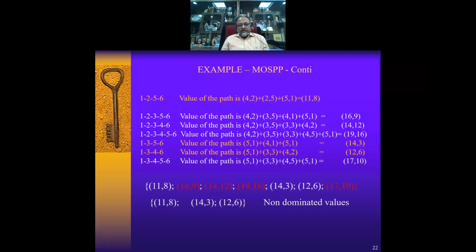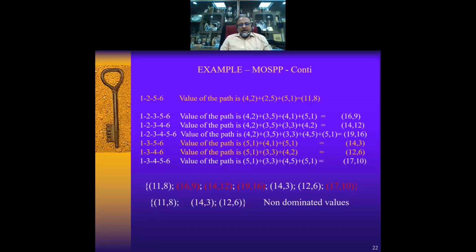Here the non-dominated values are 11, 8, 14, 3, 12, 6, because why is 11, 8 selected? 11, 8 will not be dominated by any of the three values 11 comma 8, 14 comma 3, 12 comma 6.